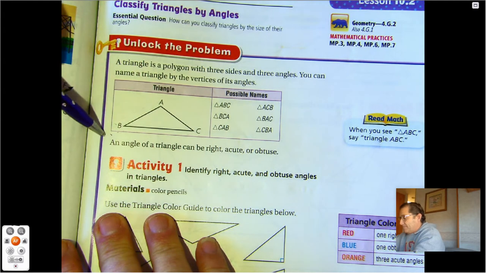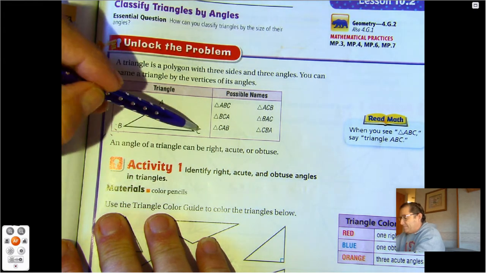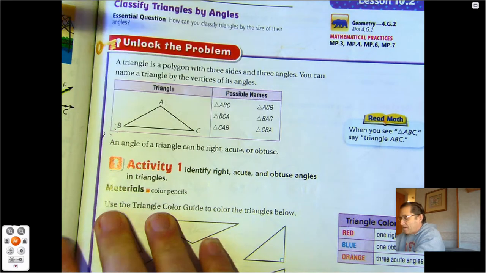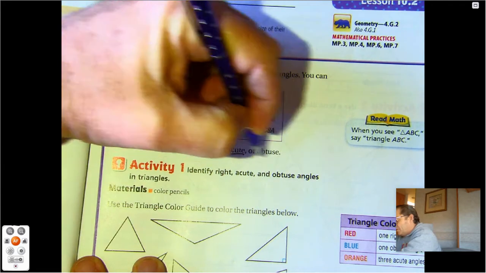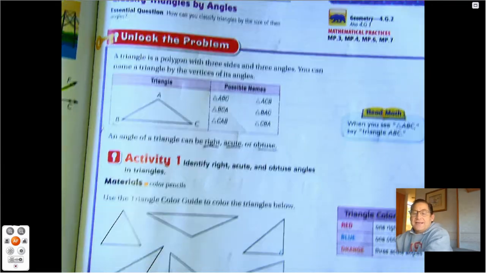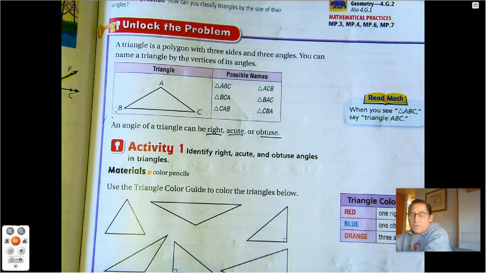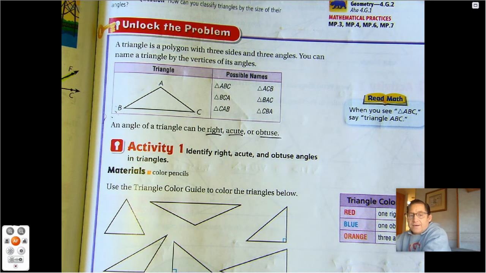angle ACB, BAC, CBA. Okay, and now an angle of a triangle can be a right, an acute, or an obtuse angle. It cannot be more than one of those at the same time. So all triangles are called either a right triangle, an acute triangle, or an obtuse triangle.